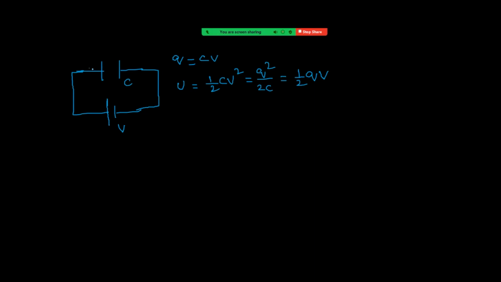When charge Q flows, electrons flowing from the positive plate to the negative plate, or I can say Q charge is flowing like this, right? When Q charge flows from low potential to high potential inside the battery, the work done by the battery is equal to Q into V. This is what we have learned, right?